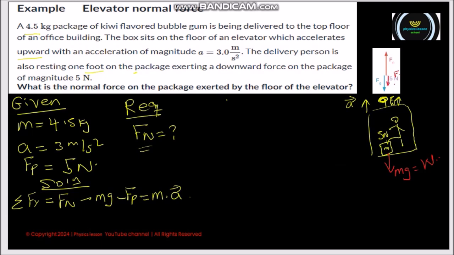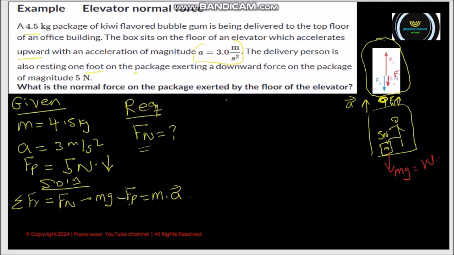Please pay attention, it accelerates. So the summation of the forces along y is equal to the normal force, which is upward, minus the weight because it's downward. Look at the free body diagram also, minus the force applied by the man with his foot. It's downward, that's why we use negative, is equal to mass times acceleration.